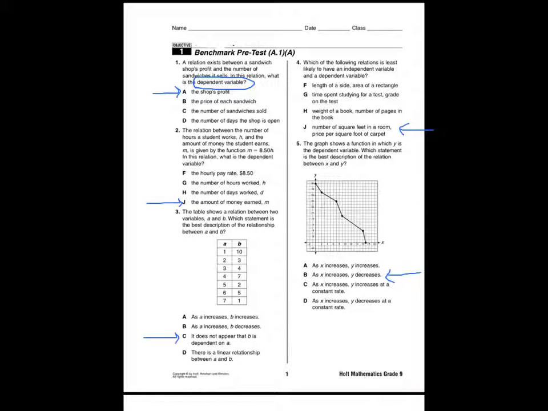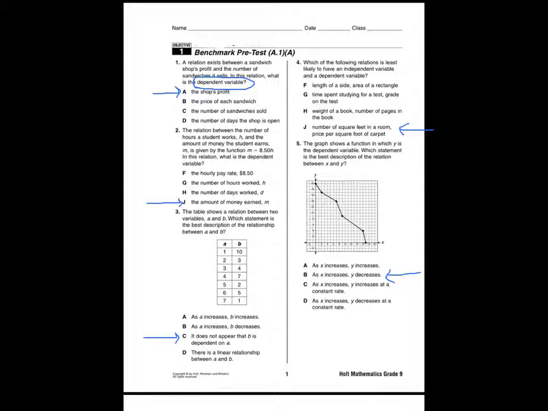So wouldn't the profit depend on the number of sandwiches sold? We would input the number of sandwiches sold, and our output would be how much money we make. And that is why A is the correct answer. It is our dependent variable.